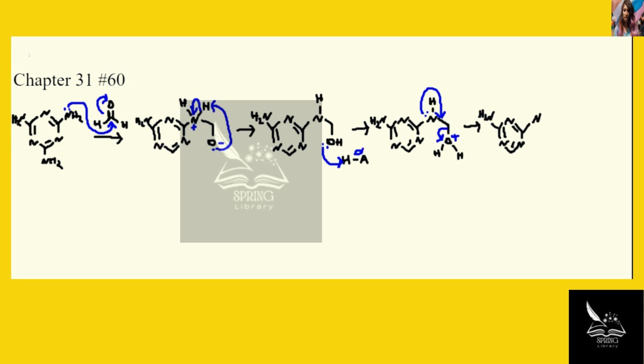So now we have our nitrogen. It's got one hydrogen on it. It's got this double bond to carbon. And since nitrogen has 4 bonds here, it will have a positive charge.